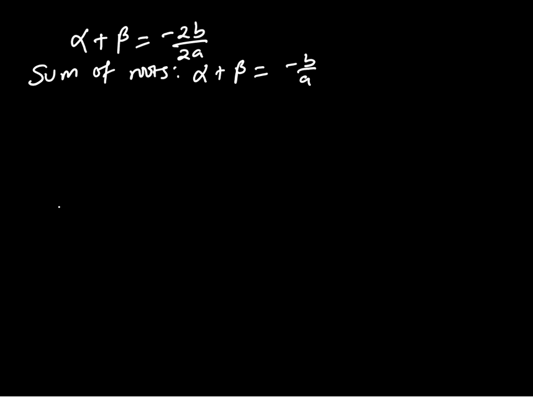So it is a very important result that we shall need to highlight. Sum of roots alpha plus beta is minus b over a.